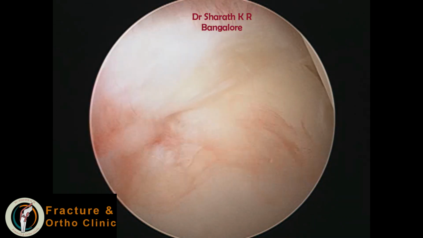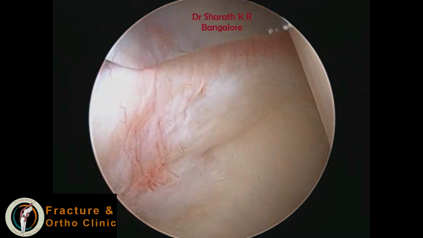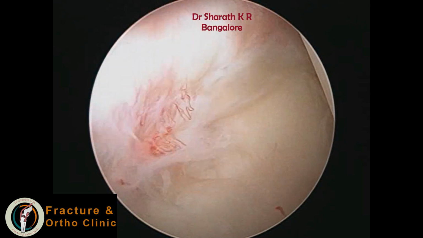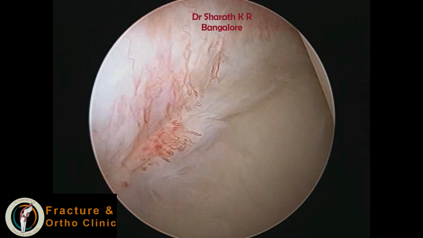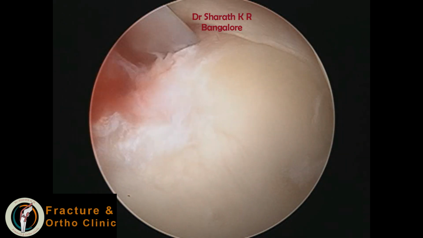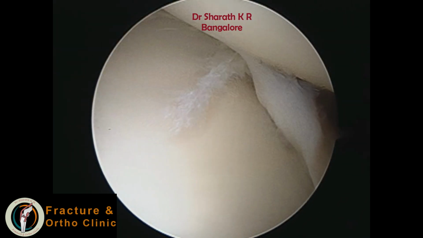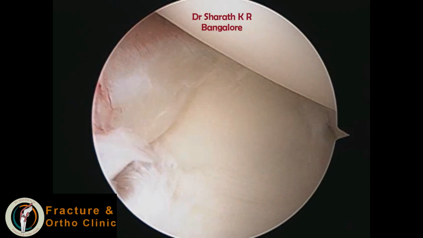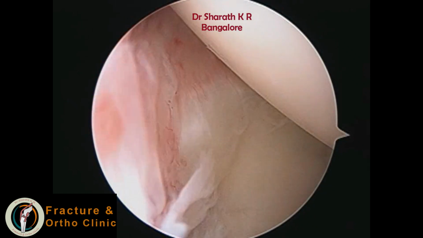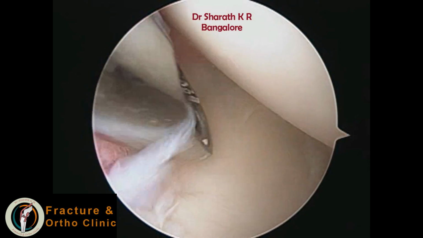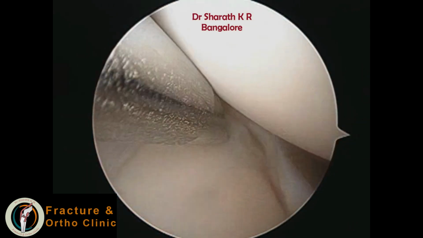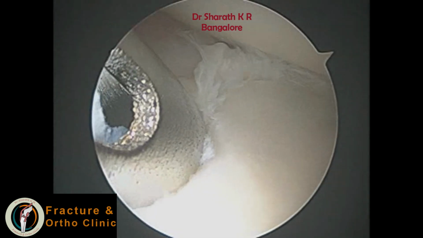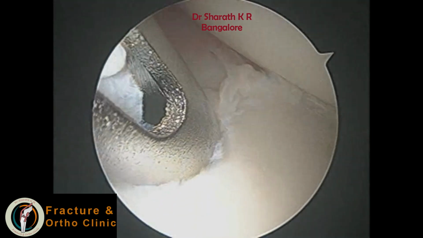Now we will start putting anchors from the inferior to superior direction. In this case, we intend to put three anchors, starting with the 5 o'clock position. The anchors are placed from the anterior inferior portal, and it will be a single loaded anchor.